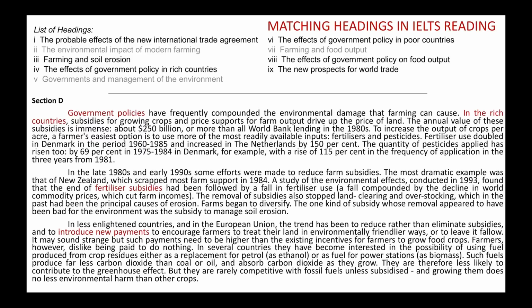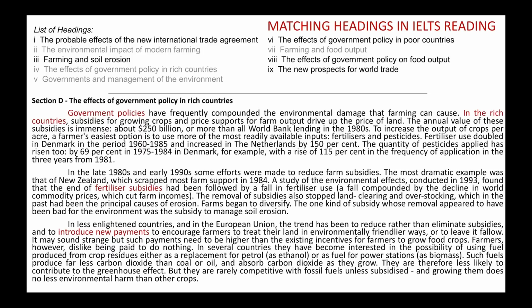For example, the subsidies for fertilizers, and then introducing new payments to encourage farmers to treat their land in environmentally friendlier ways. And that's how we understand that the best fitting heading in this case is actually number 4.